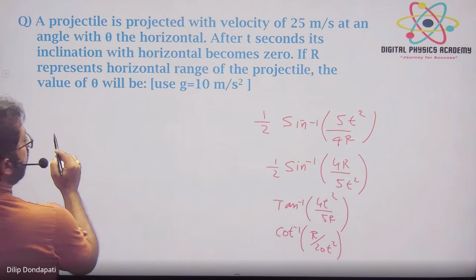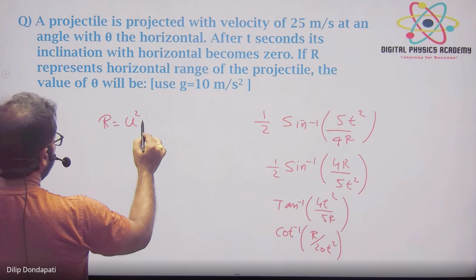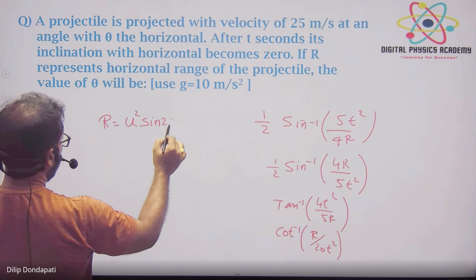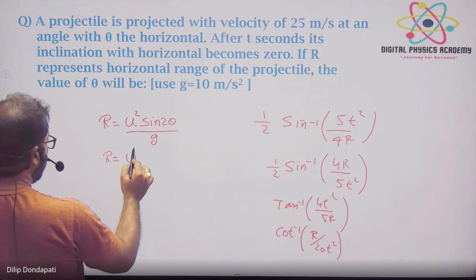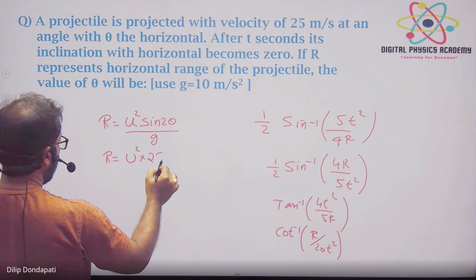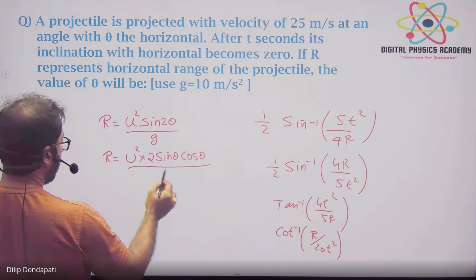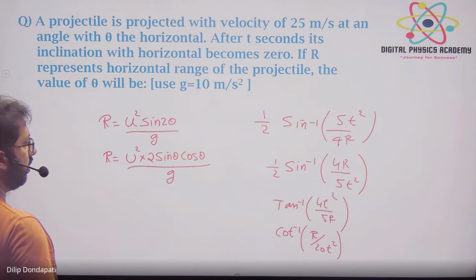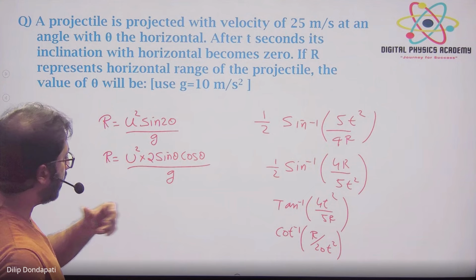He's trying to find the range, right? So the range formula is u square sin 2 theta by g. So r is equal to u square 2 sin theta cos theta by g. We got up to here, but we are not getting it in terms of time.